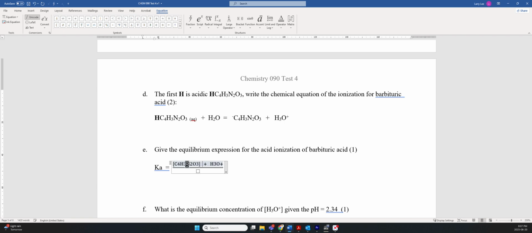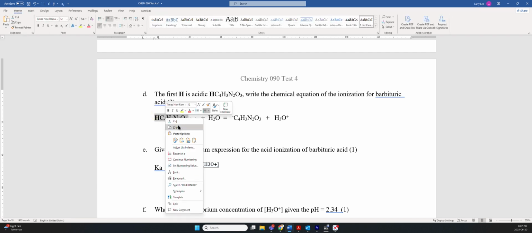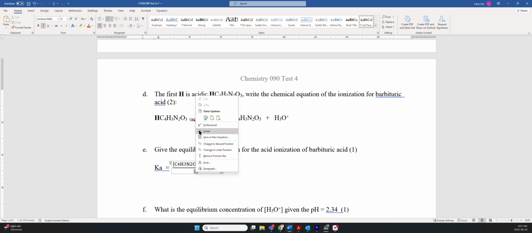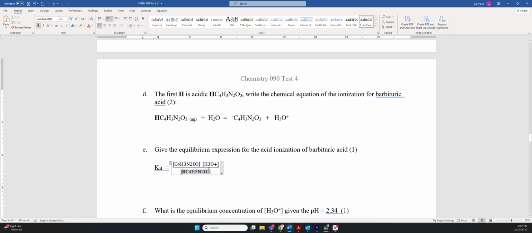Well, my subscripts are gone though. So I just put it like this. It's not plus, it's multiply these two terms. And then you put in the concentration of the acid down here. Again, it's a little bit tricky because I can't put superscripts and subscripts like I normally do, because it's grayed out.